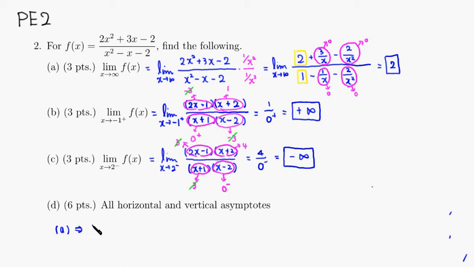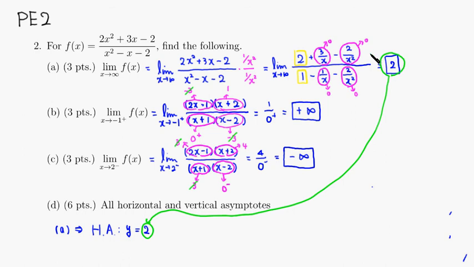So this tells you that there's a horizontal asymptote, which is y equals 2. Right, but this number 2 came from right here. This is the answer from part A.